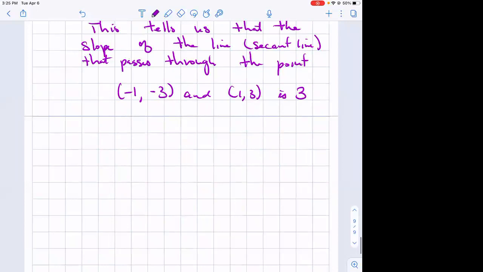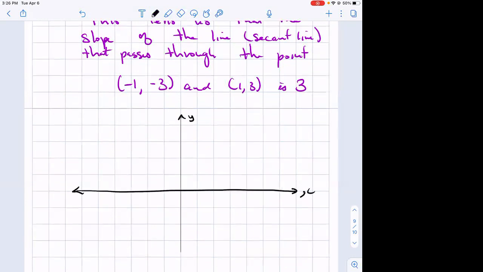So how am I getting this? Well, if you look at this picture, for those of you who don't quite understand what I just wrote there, let's say we have the graph. Let's say here is -1. Let's say here is 1.